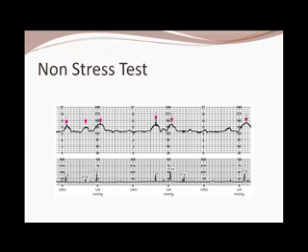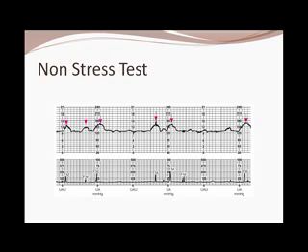Here we have an example of a non-stress test. What are the arrows pointing to? The arrows are pointing to accelerations. What would you first look at? When you look at this strip, we need to first determine what the normal baseline is for this fetus. And I would say that the fetal heart rate is around 130 for a baseline for this fetus.